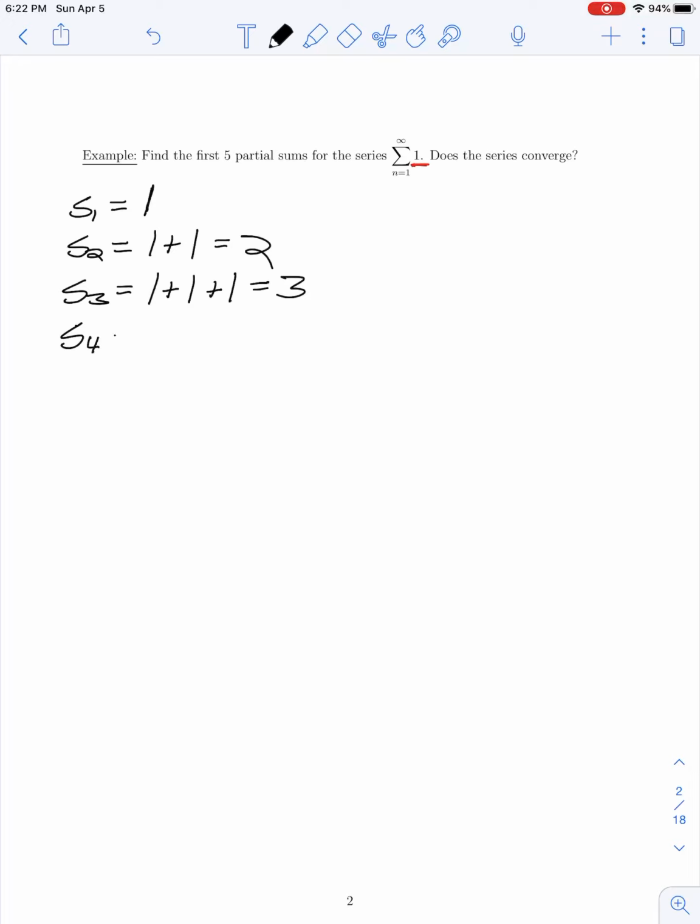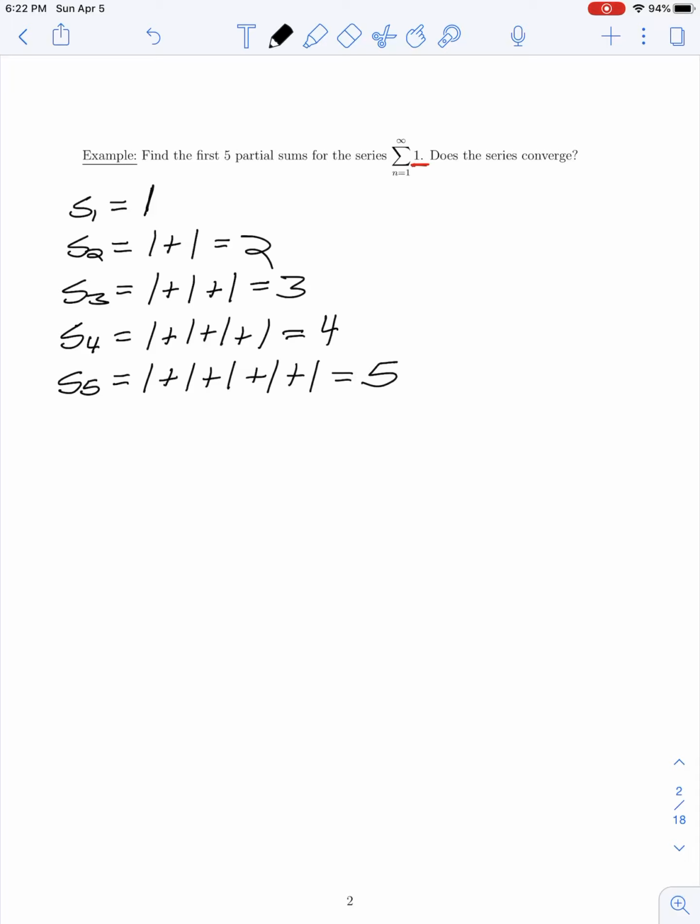Our fourth partial sum is the sum of the first 4 terms, which are all 1, so we have 4. And S5 would be the sum of the first 5 terms, which again are all 1, so we would have 5 for our fifth partial sum.